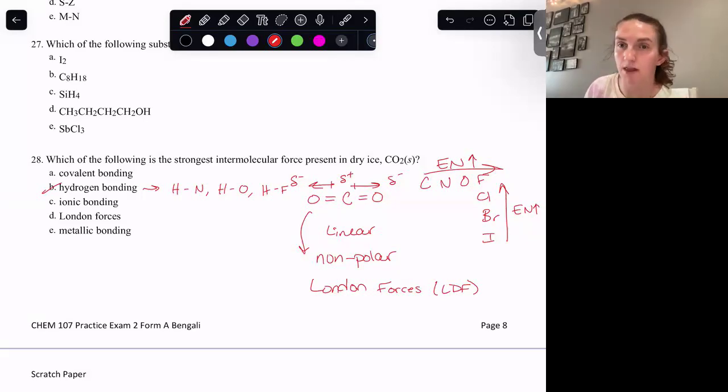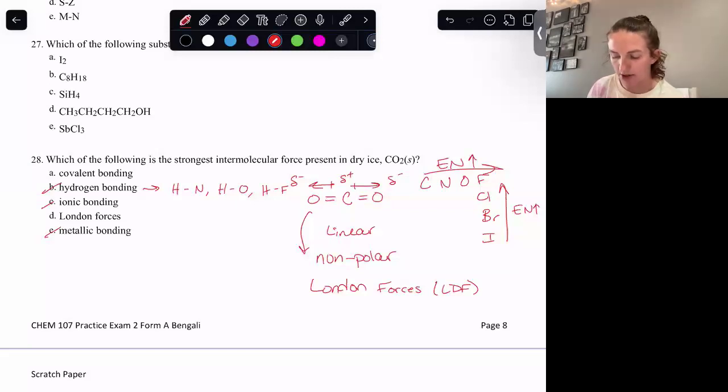An ion is something that has either a positive charge or a negative charge. We have partial positives and partial negatives, and we have non-metal atoms. So this is not an ionic bond. This is a covalent bond. We do have London dispersion forces, and we do not have metallic bonding because these are two non-metals. So this is not metallic bonding.